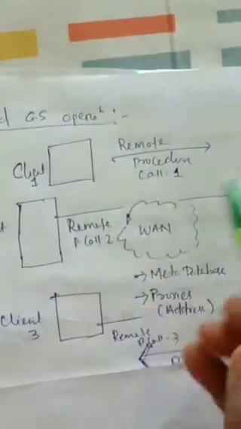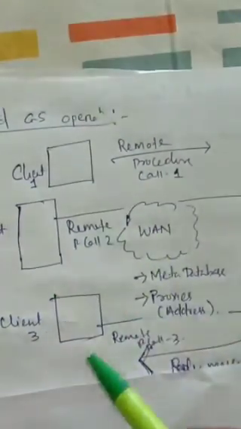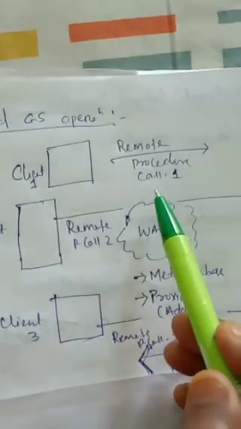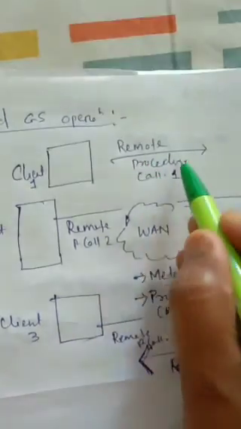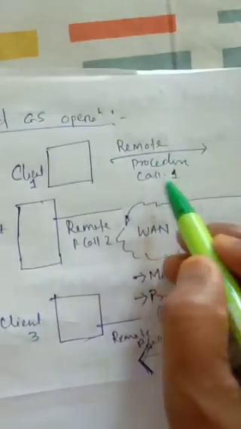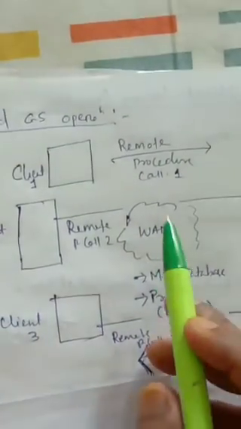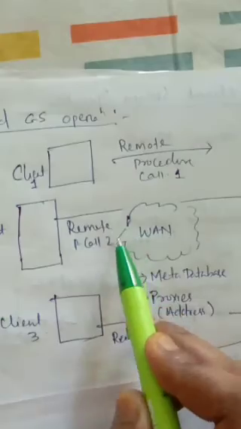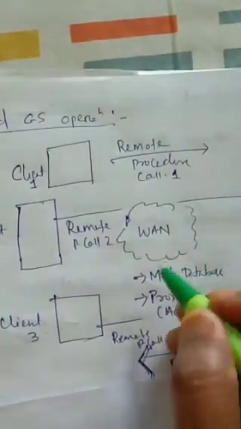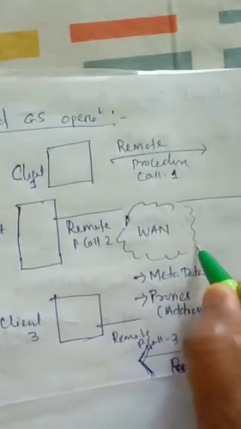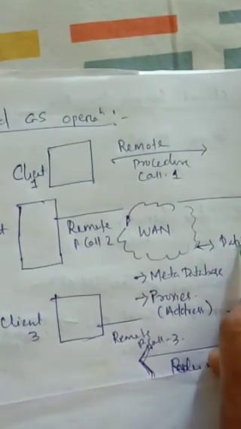So here there are so many clients which are requesting for the data and services through the remote procedure call, which is enabled through a network, that is wide area network, which is in interaction with the database.